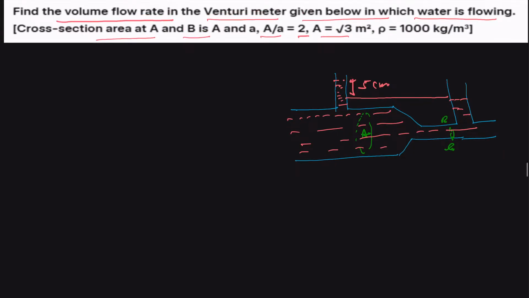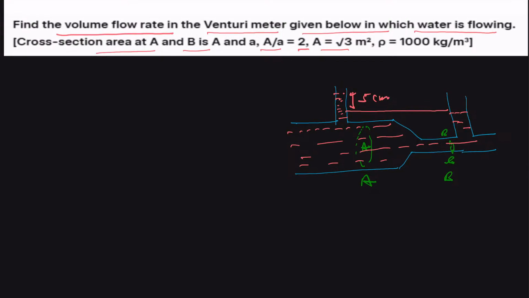We are given that at A the area of cross section is our capital A, and at B the area of cross section is our small a, and the ratio is given to us.